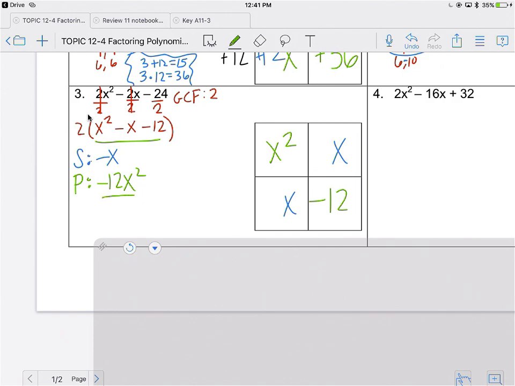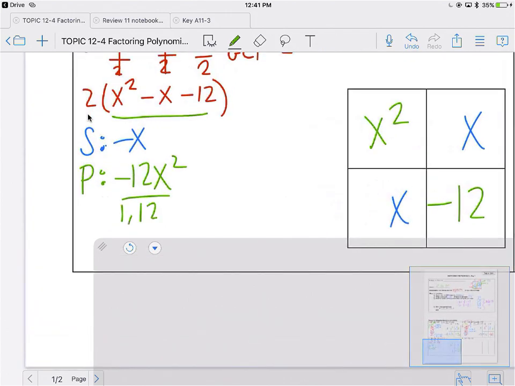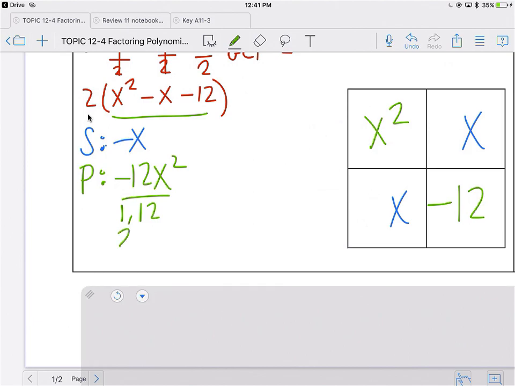Factors of negative 12 are 1 and 12, 2 and 6, 3 and 4. Now again on this example, I need to add to a negative, so my bigger number needs to be negative. And in order to multiply to a negative, only one number is going to be negative. So when I add these across, I'm looking for a negative 1.